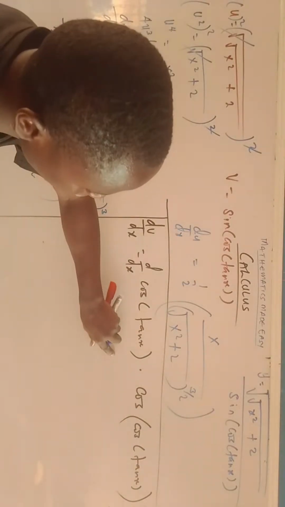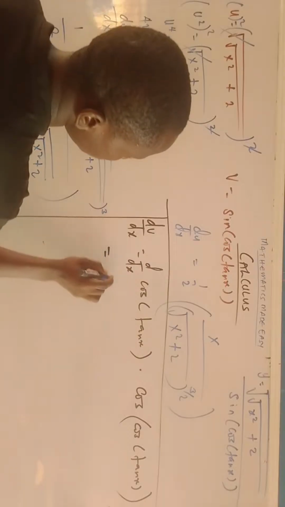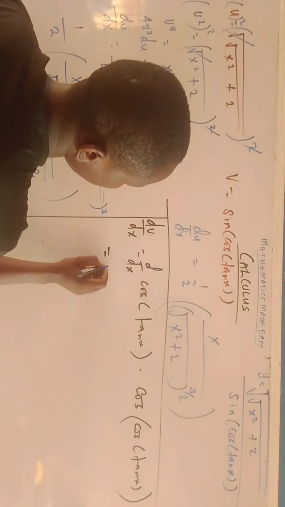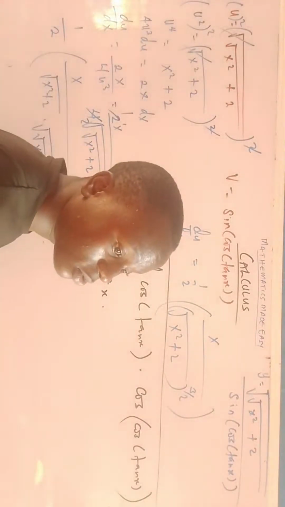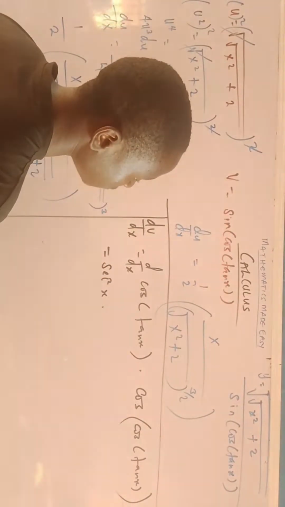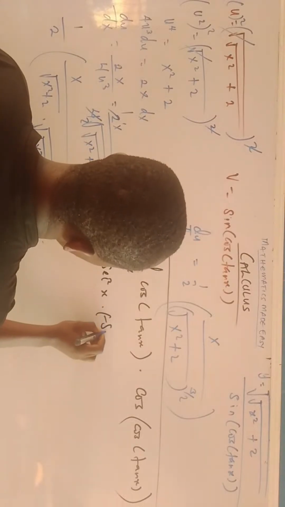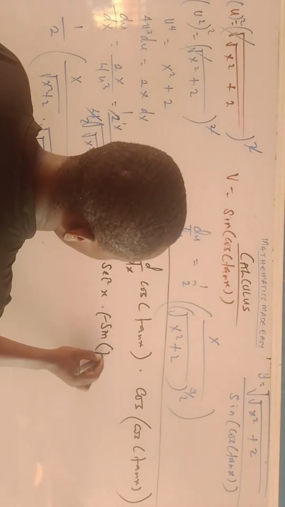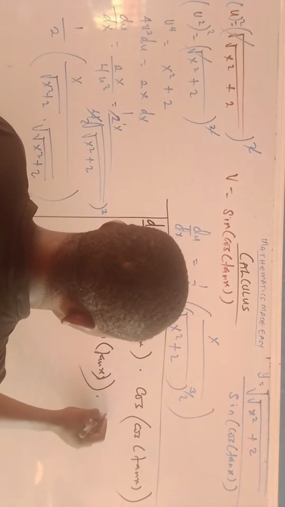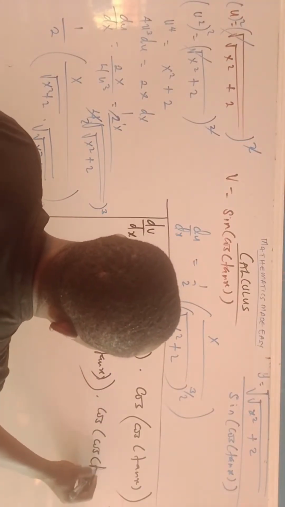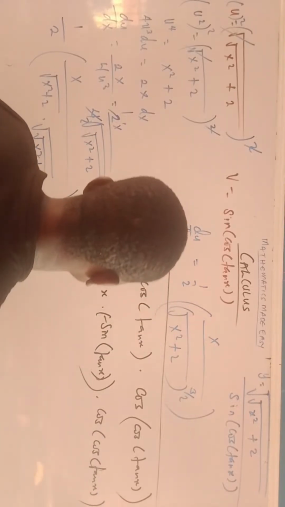So the next thing is to differentiate this guy. This will give us what? If you differentiate tan x, you are going to get sec square x. And if you differentiate cos x, you are going to get negative sin x. And then our x here is tan x. Then everything multiplied by cos tan x.